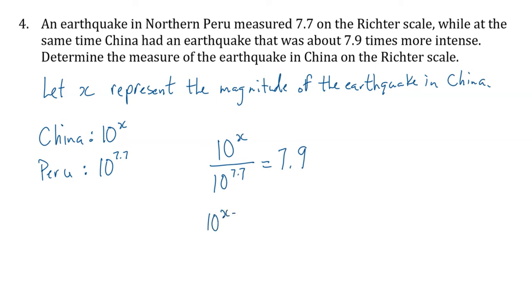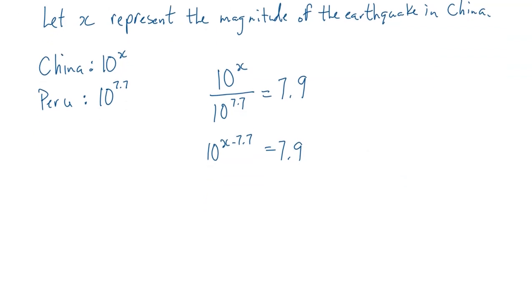10 to the x minus 7.7 equals 7.9. Rearrange into... X minus 7.7 equals, no, there's a bit more to it. It's not just equal to the exponent.